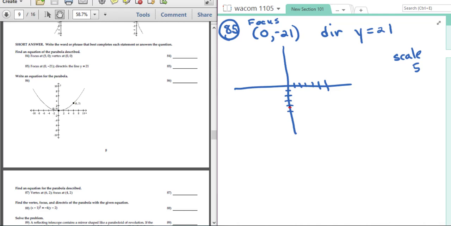Your directrix is going to be opposite that. And it's telling you y equals something. Right, the other piece of information we have there is the directrix. Right, we have y equals something. That is a horizontal line. So y equals 21. So we'll go up here. 5, 10, 15, 20. So 21. Be right about there.